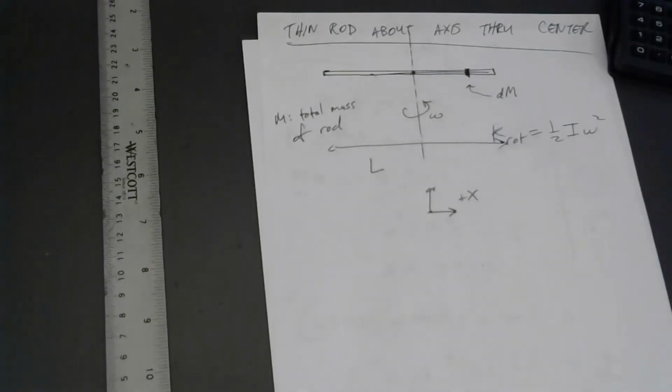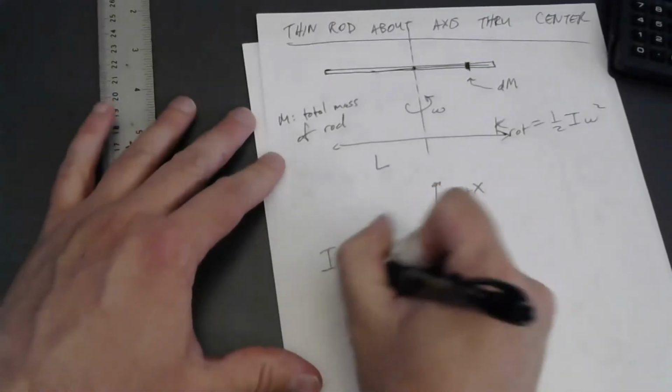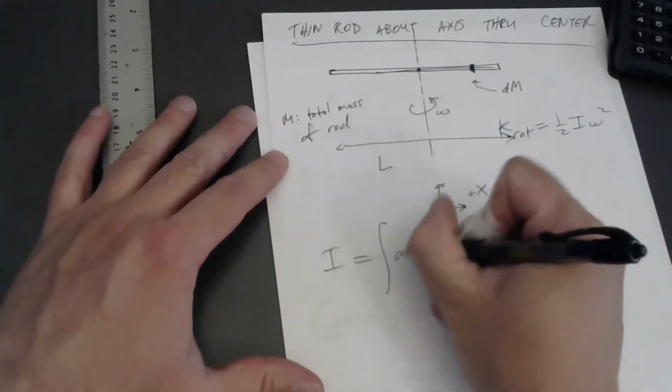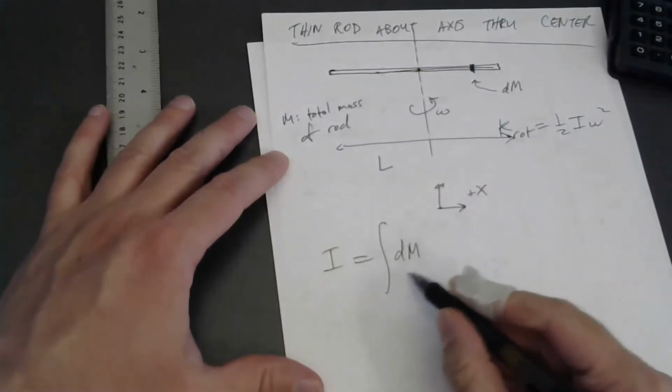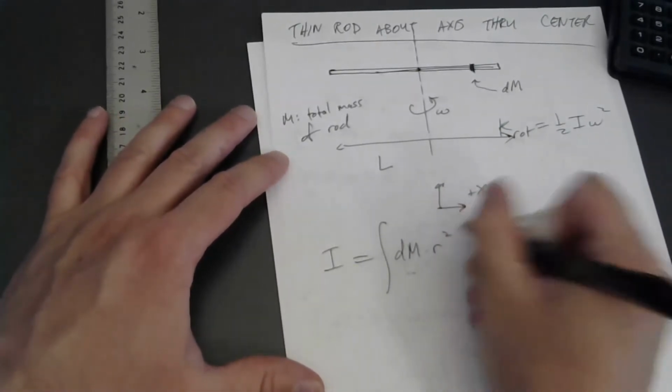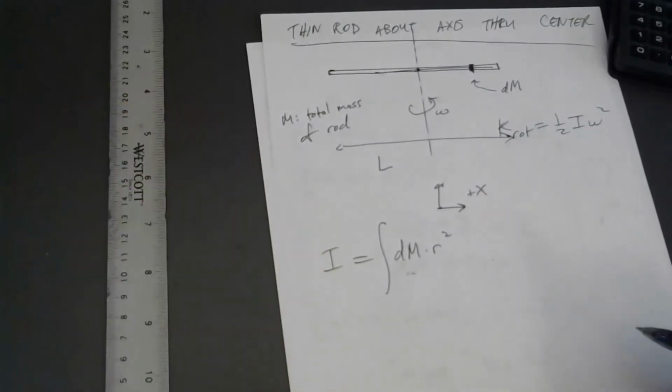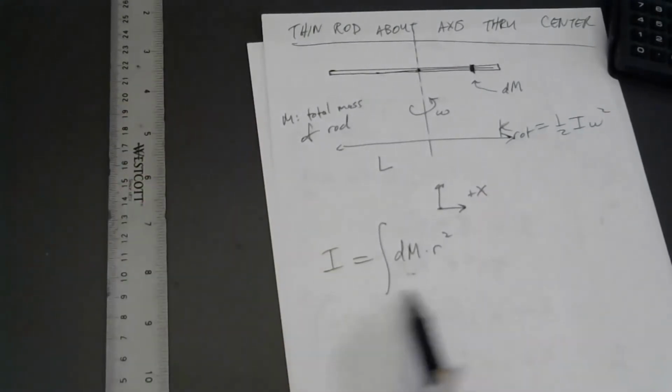Now, here comes the most difficult part, unless you get some practice with it, and then it's really not bad. I'm actually getting ahead of myself. Let's first just start with the definition. Moment of inertia: we take each piece of mass, dm, and multiply by the square of its distance from the axis of rotation. That was the symbolic expression that I wrote down just a moment ago.